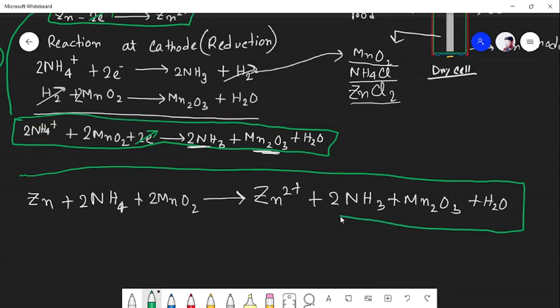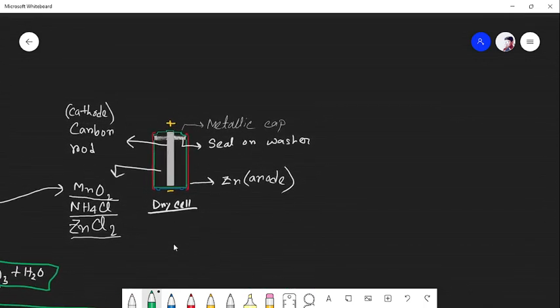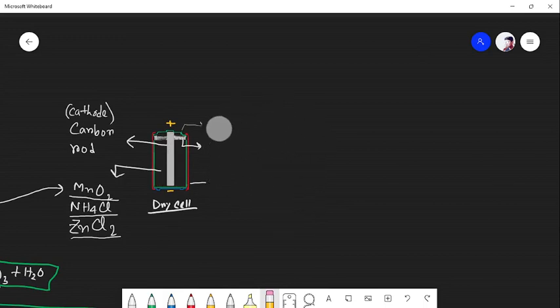Now, how does the dry cell work actually? After the reaction, let me rub this out first.